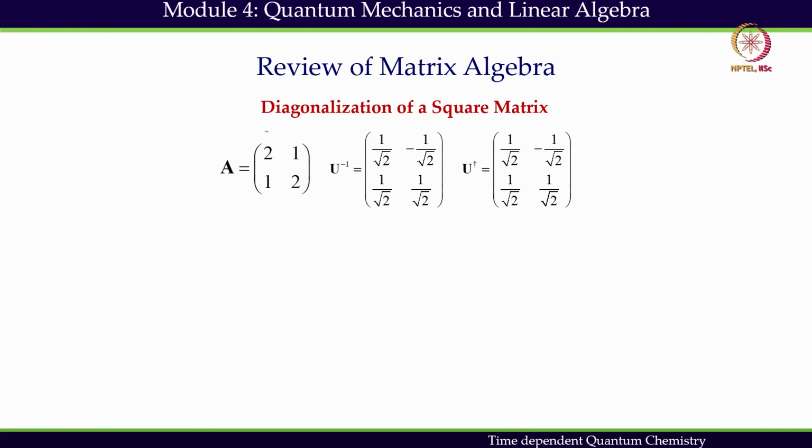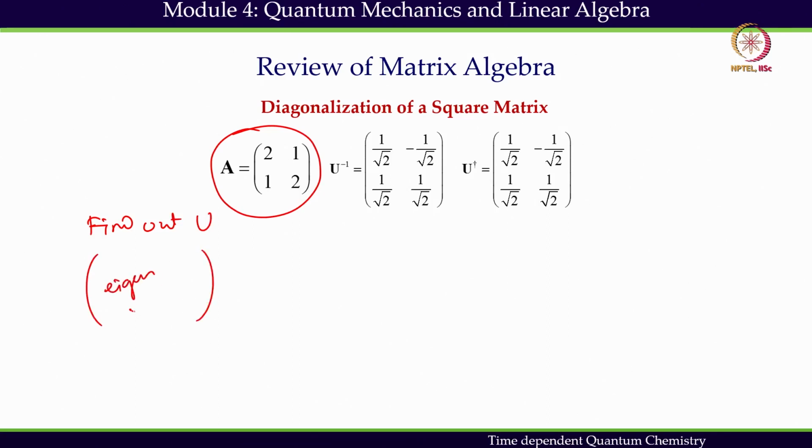So if I have a matrix, I have to find out U, that is going to be a unitary matrix, and that U will contain the eigenvectors. And if I do that, then this linear transformation will give me the associated eigenvalues.